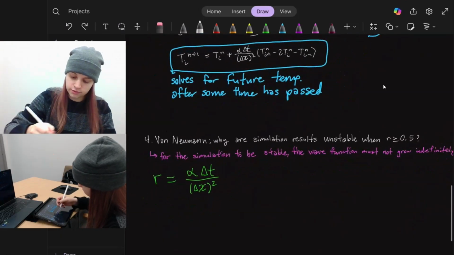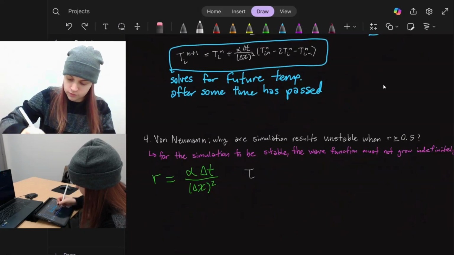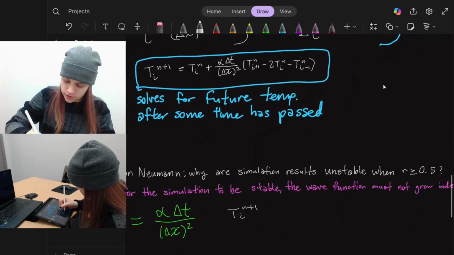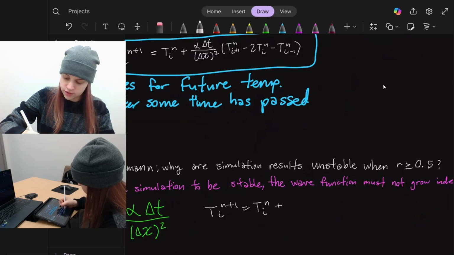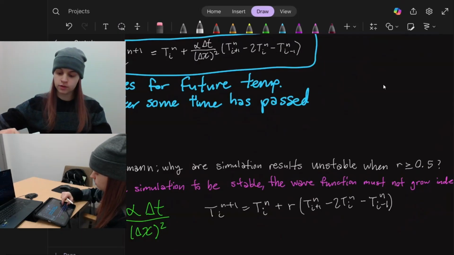And then we can rewrite this as Ti^(n+1) = Ti^n + r(Ti+1^n - 2Ti^n + Ti-1^n).